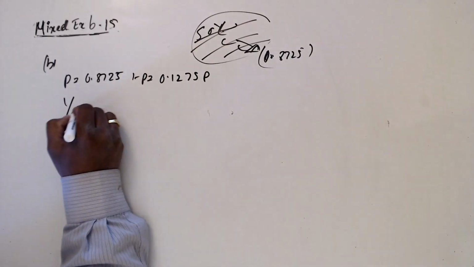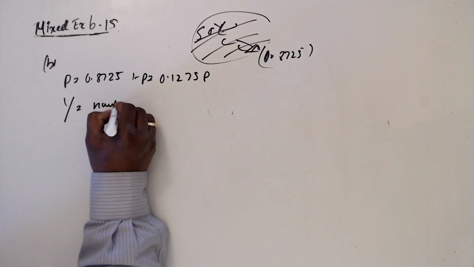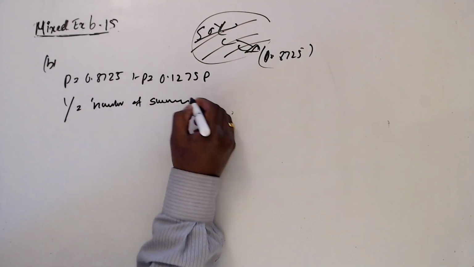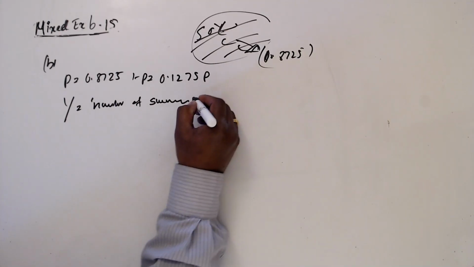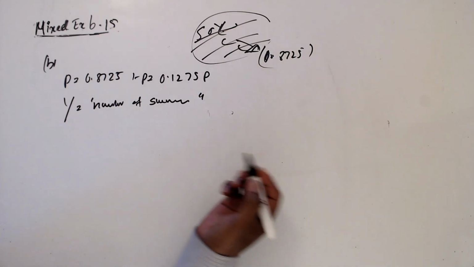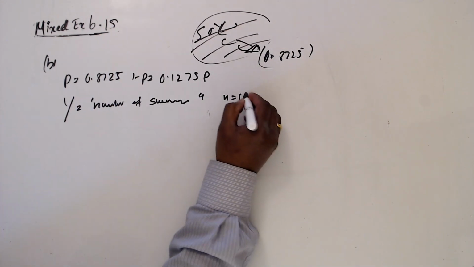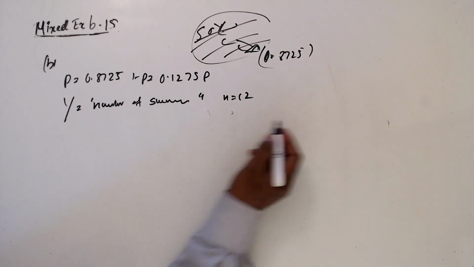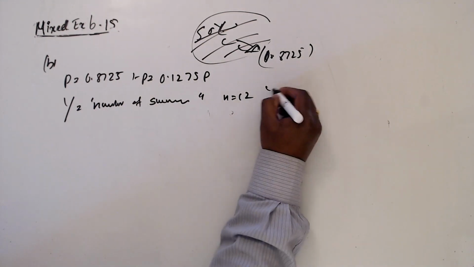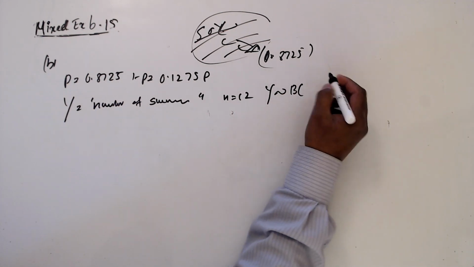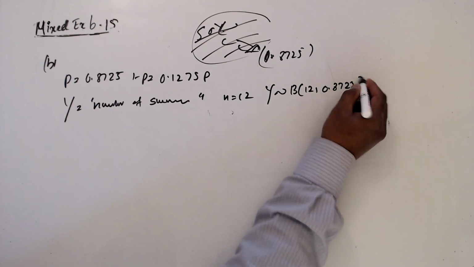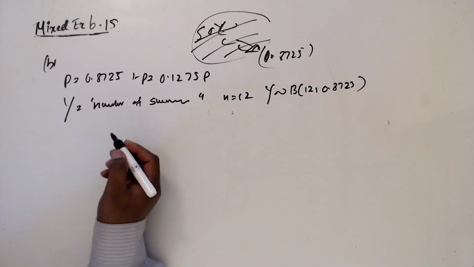So y is the number of successes, and n equal 12 now. So y follows binomial 12, 0.8725.